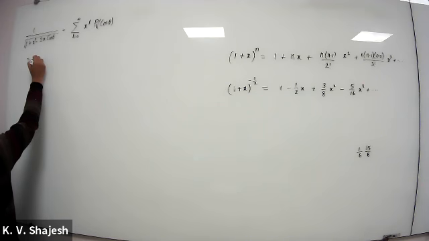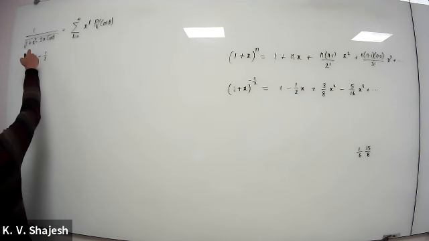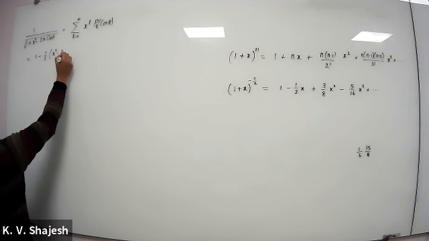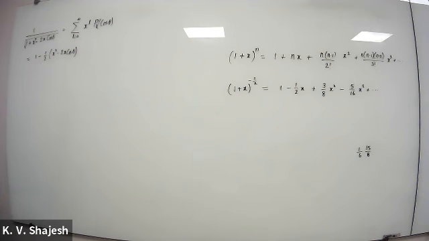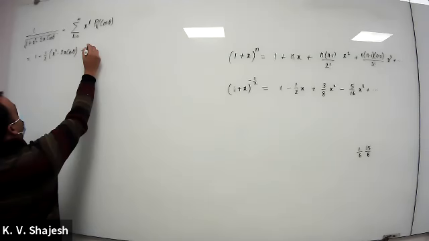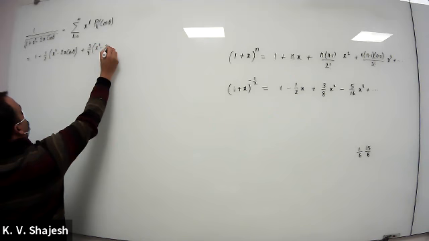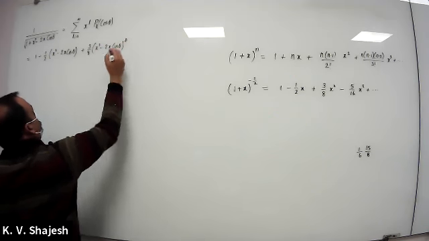So let's substitute that in here. That's 1 minus 1 by 2 of x, which now is this whole thing, correct? So it is x squared minus 2x cosine theta. And the next term will be plus 3 over 8 times x squared minus 2x cosine theta, squared.